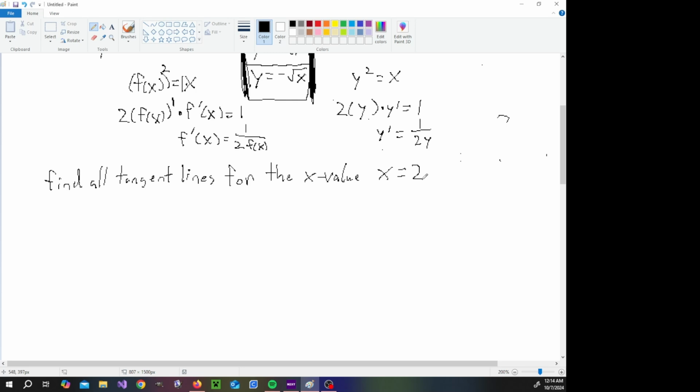Actually, no. We'll do x is equal to 4, just to make things a little bit cleaner.